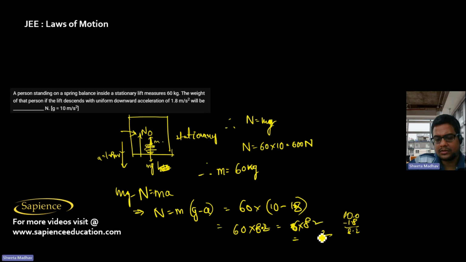So this will be 6 twos are 12, 6 eights are 48, 492 Newton. So 492 Newton is the weight of the person if the lift descends with uniform acceleration 1.8 meter per second square.